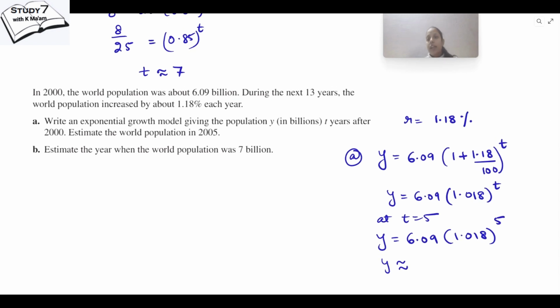If I calculate this, I will get approximately 6.46, and the quantity is in billions.